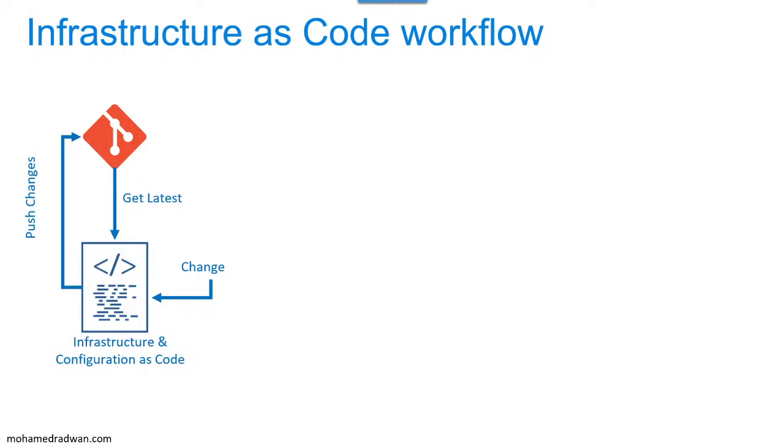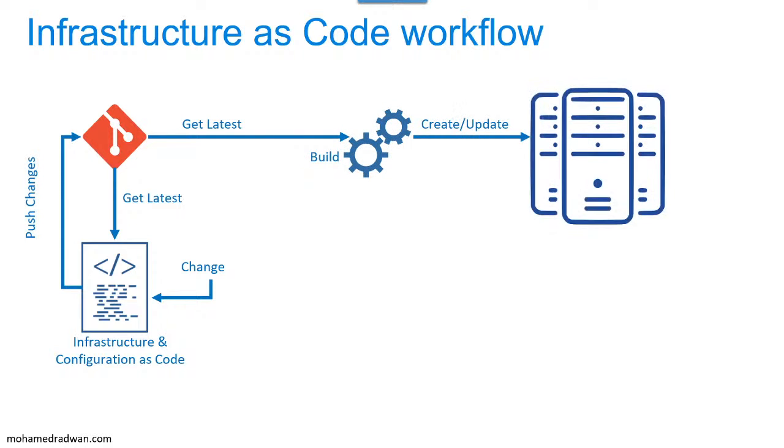The best practice is to push these changes to the remote repo and then run an automated build. This automated build will get the latest and start either creating or updating the environment. So it provisions a new environment, or if it is an already existing environment, it just updates it with the new amendment that you have made in the file.